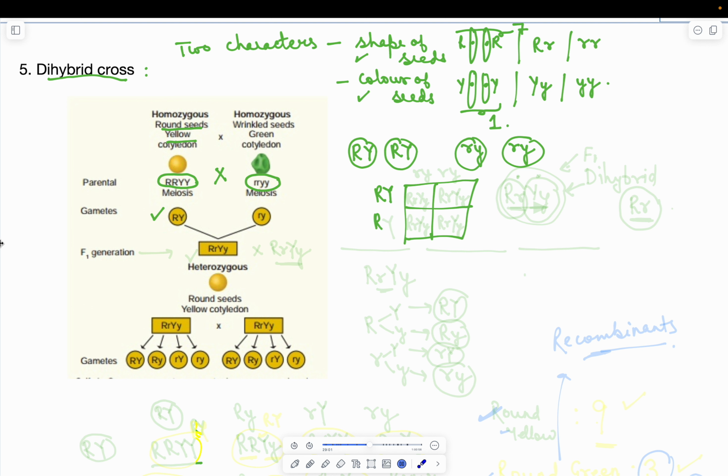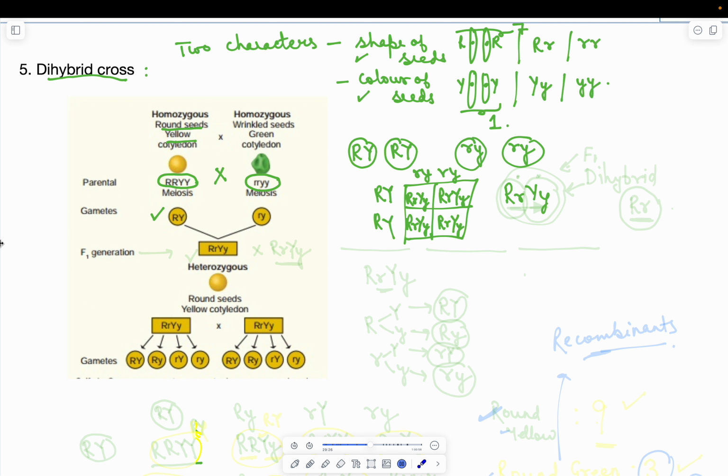So if you write the female gametes on this side and male gametes on the upper side, there's a possibility that all plants which are produced in the F1 generation are hybrid. There is no other possibility. All have the same genotype. They are hybrids.